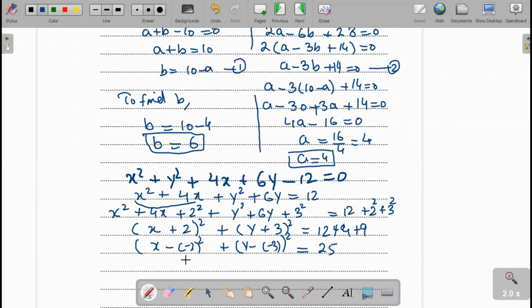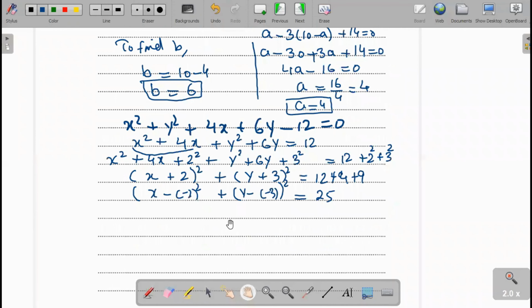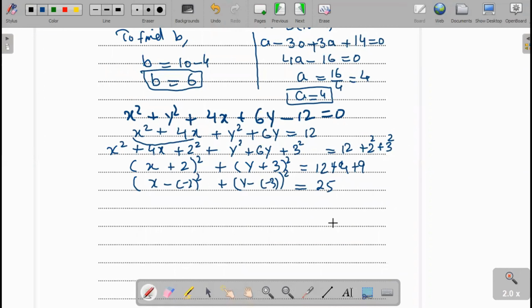This is the equation of a circle. So this is the circle and this is the center. A, B is the center and X, Y is a point on the circle, and that equation is x minus a whole squared plus y minus b whole squared equals r squared.